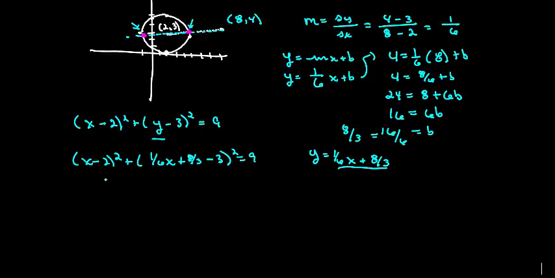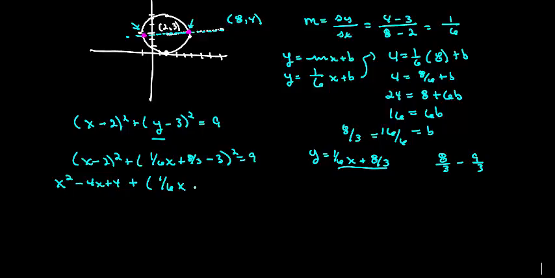So this right here is x squared minus 4x plus 4. And this right here, before I square it out, 1/6 x plus 8/3 minus 9/3, right?